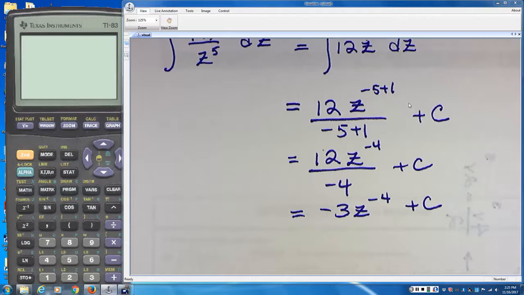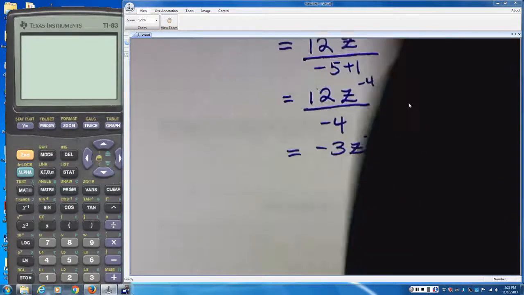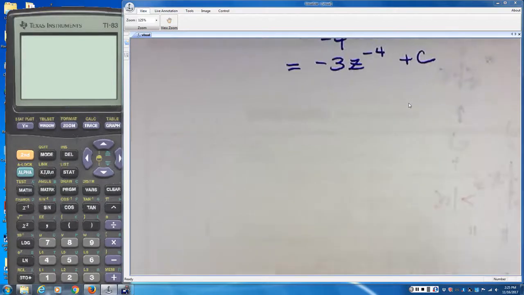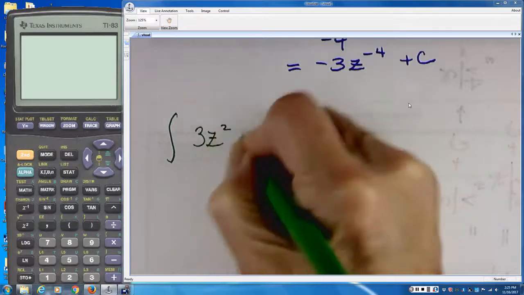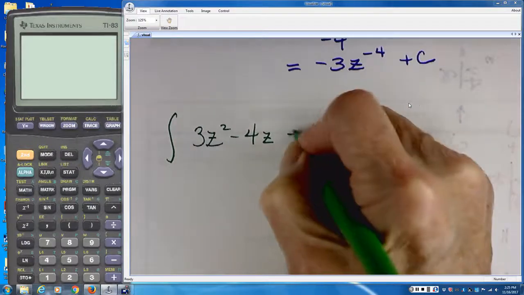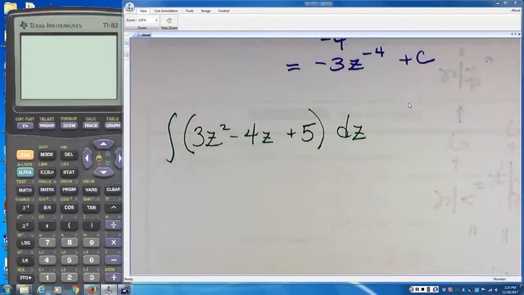And then our next example is a polynomial. So the polynomial that we have for part C is we're going to take the integral of 3z squared minus 4z plus 5 dz.